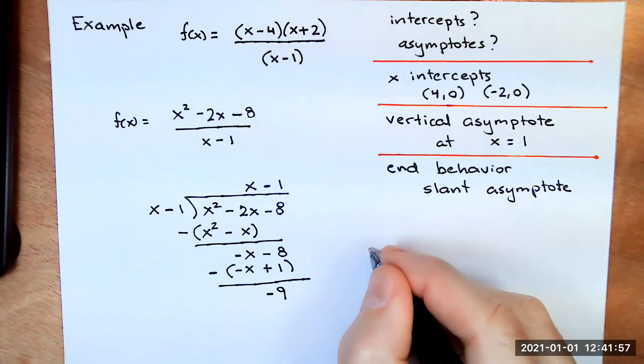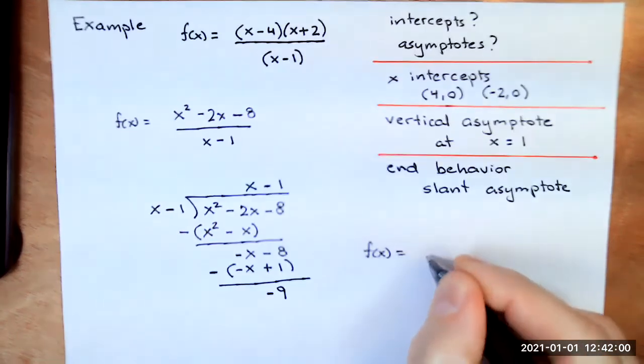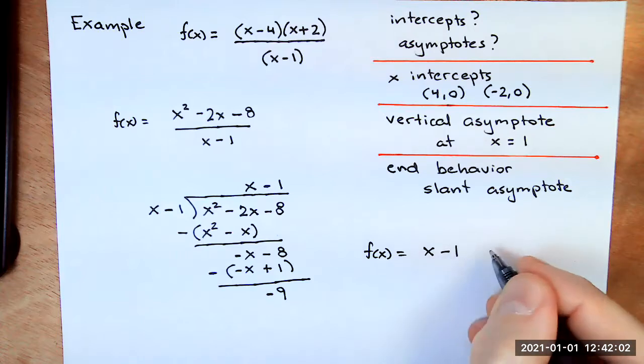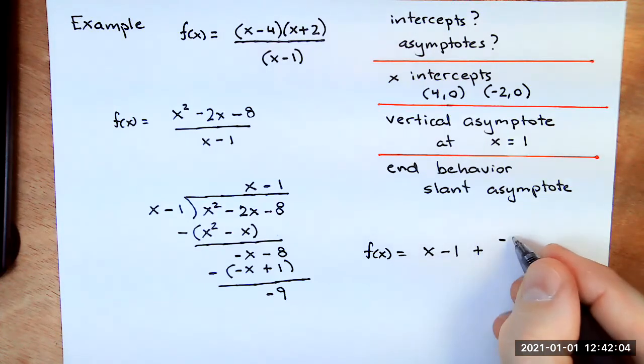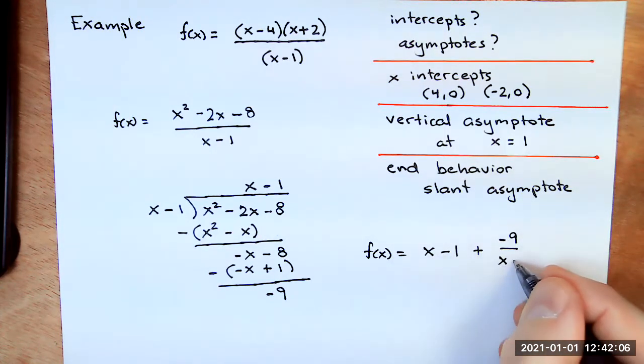All right, so my function could be rewritten as x minus 1 plus negative 9 over x minus 1.